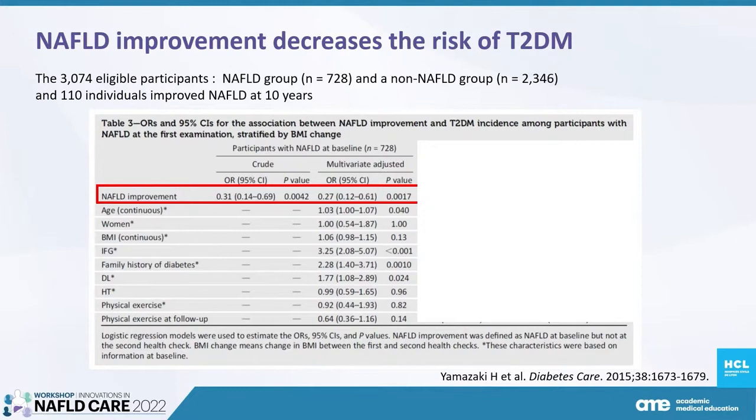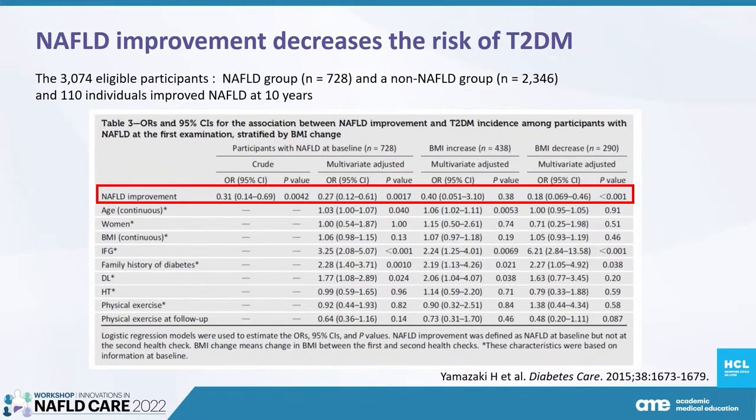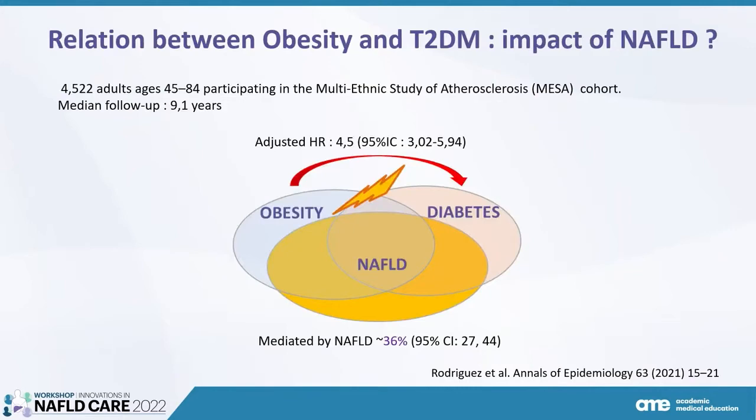And they went a little bit further and looked at the ones that increased their BMI or decreased their BMI, and the results still stand significant, which means that probably even if the BMI is not changing or not decreasing along with the decrease of hepatic steatosis, you will still be able to decrease your risk of type 2 diabetes. So this is something that I think is important and also shows that there's a strong causality potentially between the two diseases.